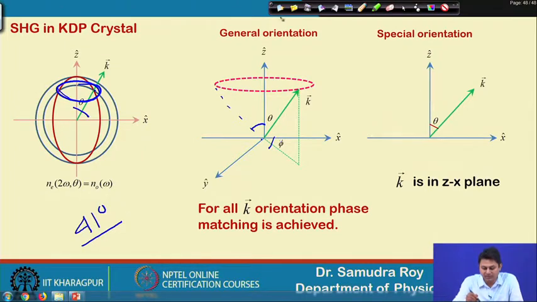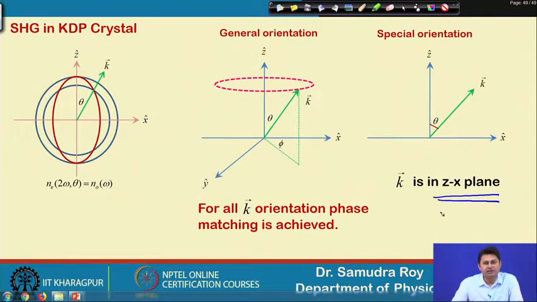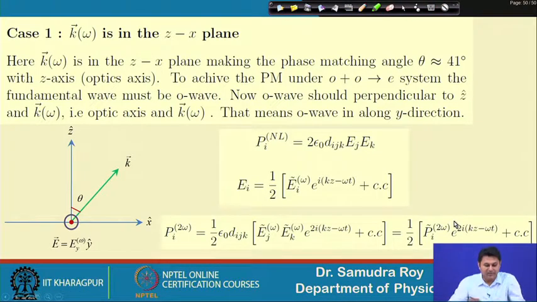So, this is the spatial orientation of the k, where the angle theta is maintained here, but k is in the zx plane. So, we start with this condition and try to find out if k is in the zx plane, whether the second harmonic is really going to be generated or not. That is the first thing that we will do. So, let us try to understand that.